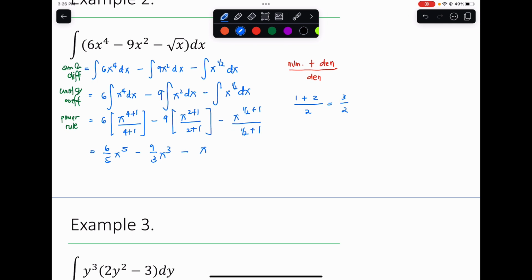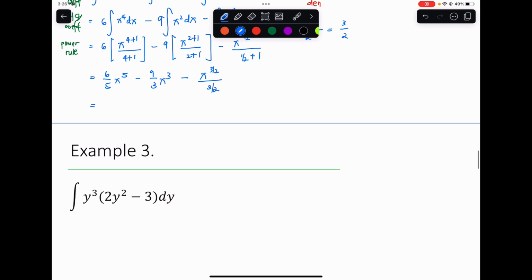So as to have a faster writing of the solution, that would be 3 all over 2 all over 3 all over 2. And finally, simplifying our answer, that will give us 6 all over 5 x raised to the 5th, then minus 9 over 3 is 3, then x cubed, then minus 1 all over 3 over 2. That is simply the reciprocal.